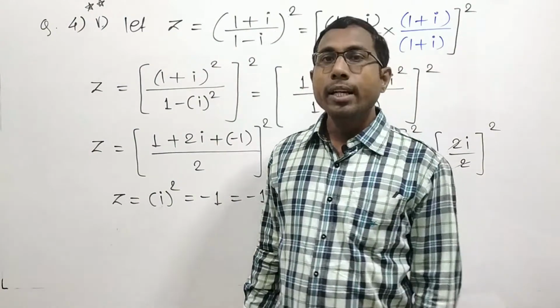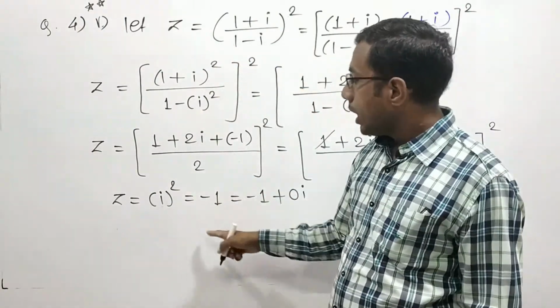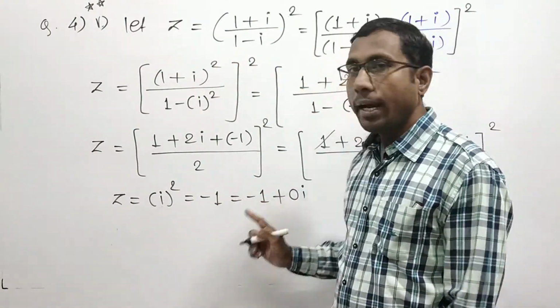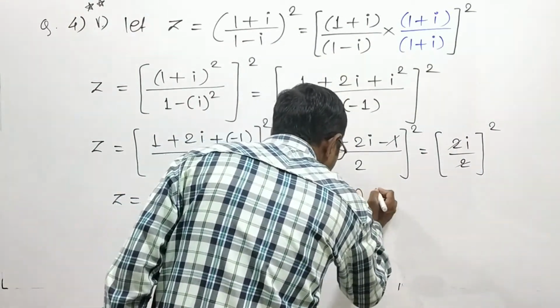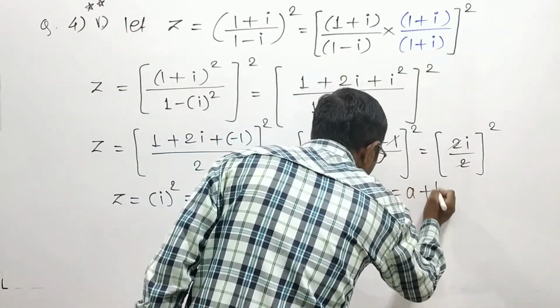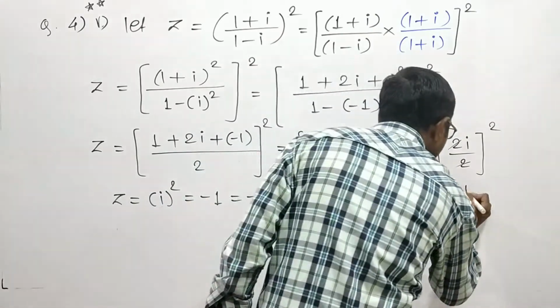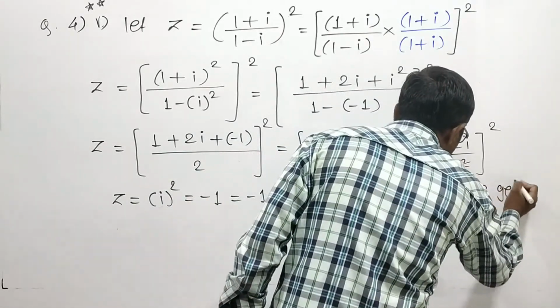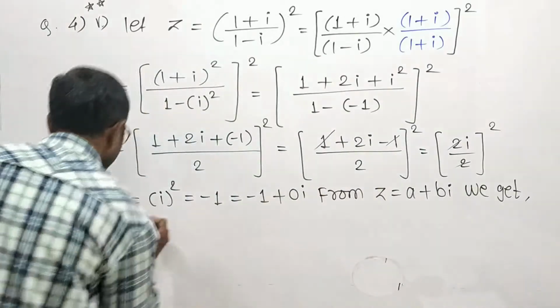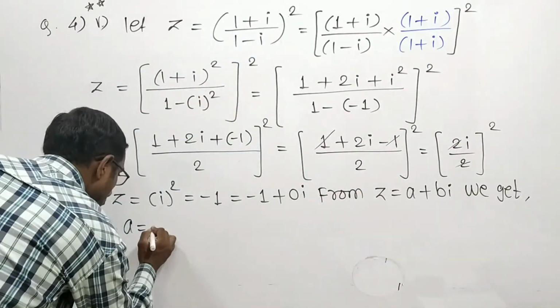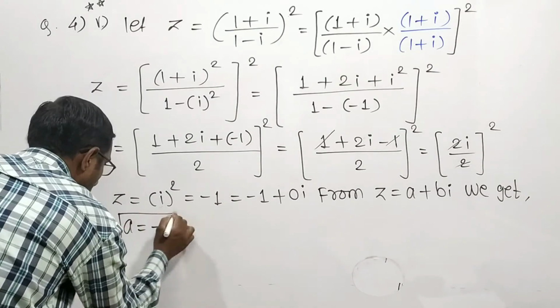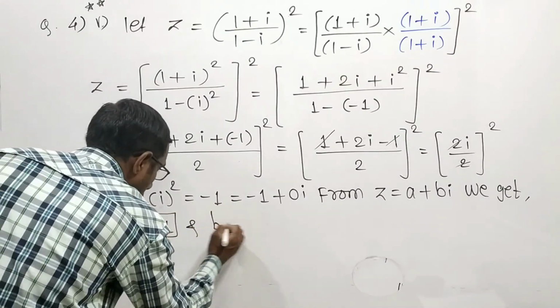Our interest is to write the given complex number in the form of a plus bi, and then by comparison, from z is equal to a plus bi, we get: what is a? a is the real part, which is minus 1.